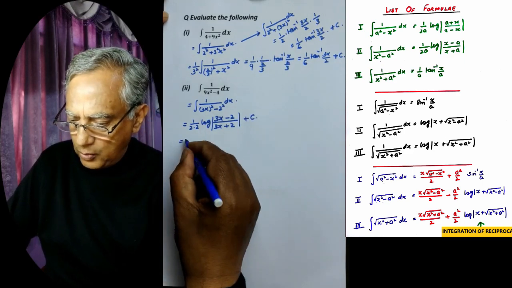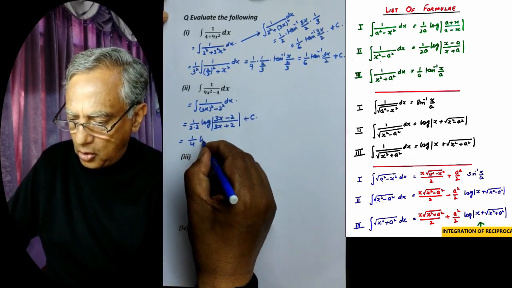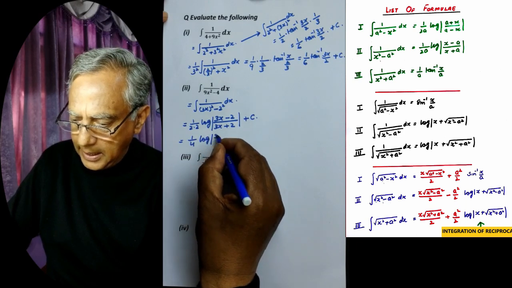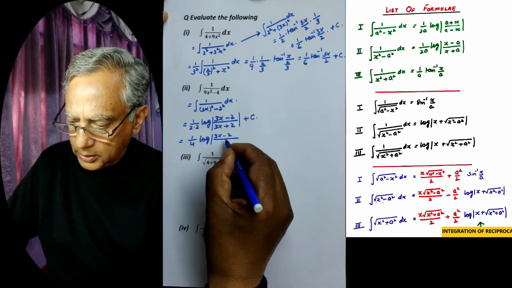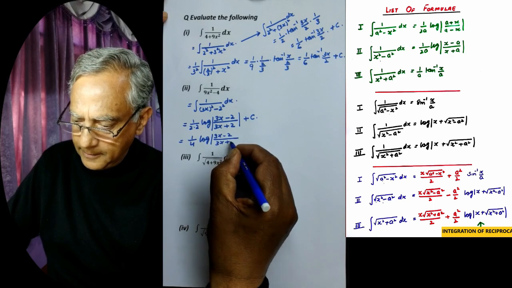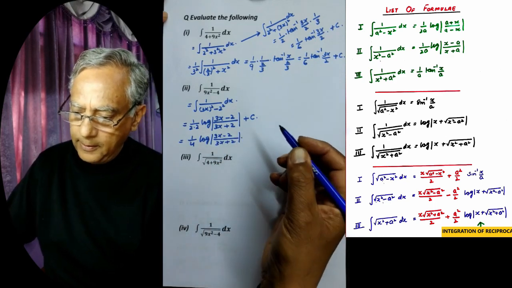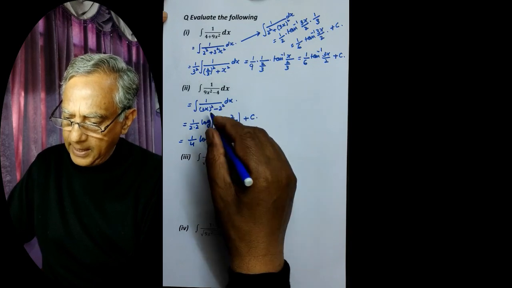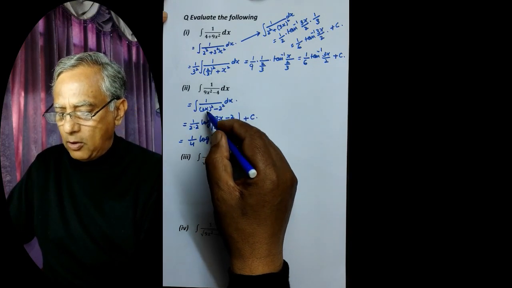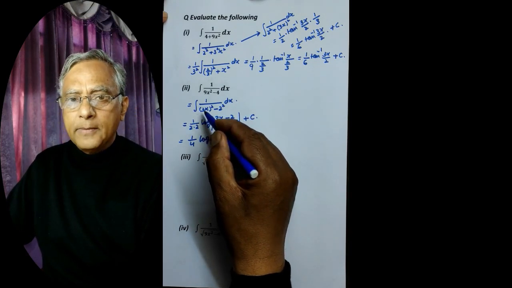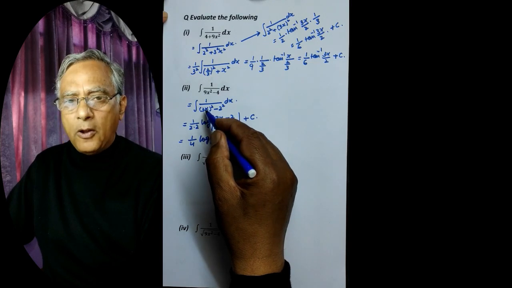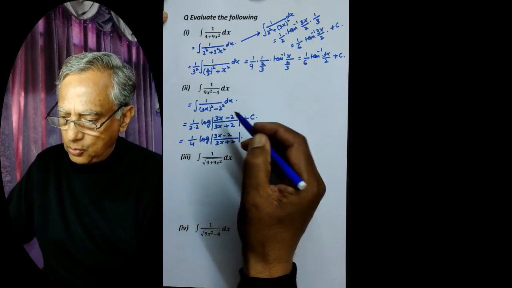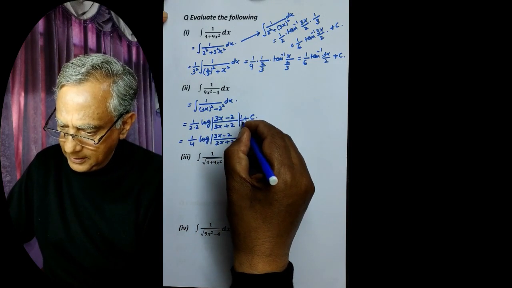That is 1 by 4 log of 3x minus 2 over 3x plus 2, and we must divide by the coefficient of x. A formula for x is being used for 3x, so we must divide by 3.